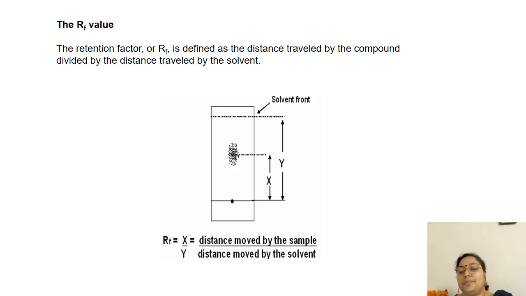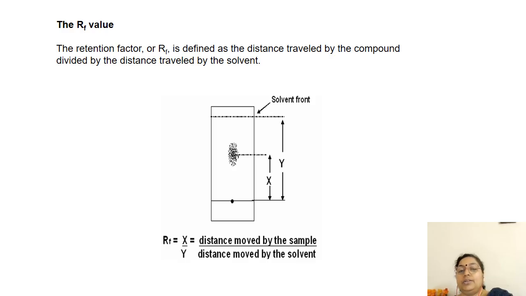After marking the spots, we have to identify the RF value or retention factor. Retention factor is defined as the distance traveled by the compound divided by the distance traveled by the solvent. So, immediately after taking the plate from the mobile phase, you have to mark the solvent front.